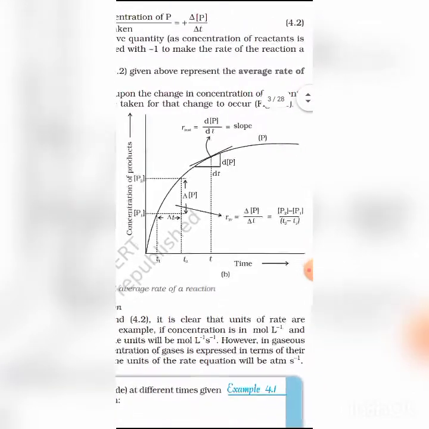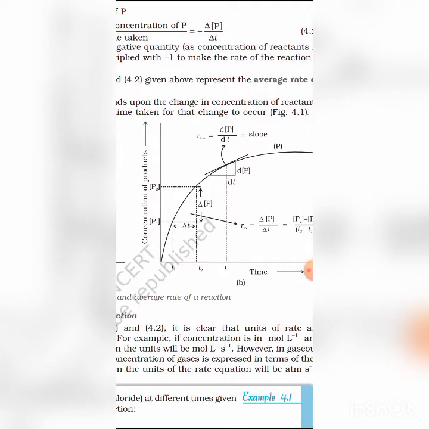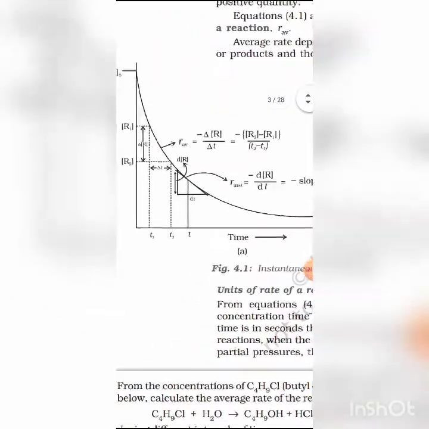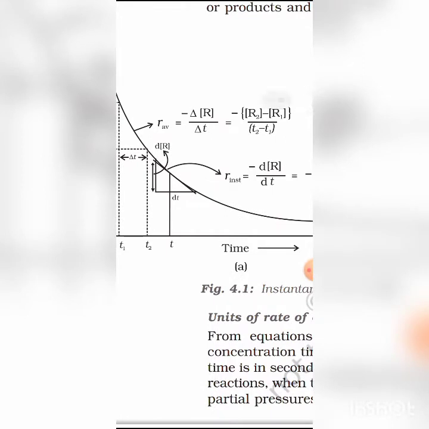Okay, student? Look properly at the graph. Here dP by dt is the slope of the curve, and also it may be just like this, dR by dt.